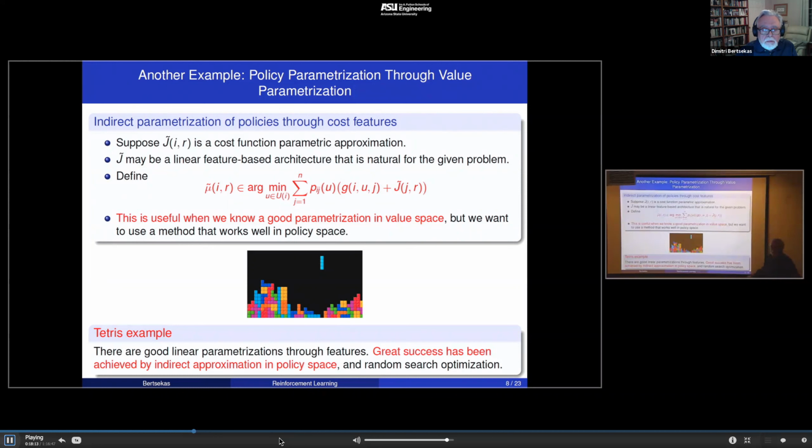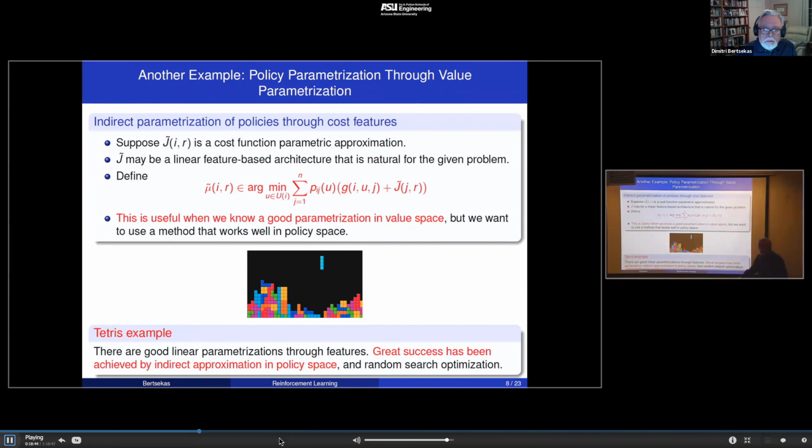There are good features for cost parameterization that Tetris players recognize, like the height of these columns, the relative difference of the heights of adjacent columns, the number of holes in the wall, the maximum height of the wall, and so on. There may be some others too, but there's a relatively small number, like 20, 30 in that range, and these work well, and there's a good parameterization with respect to that.